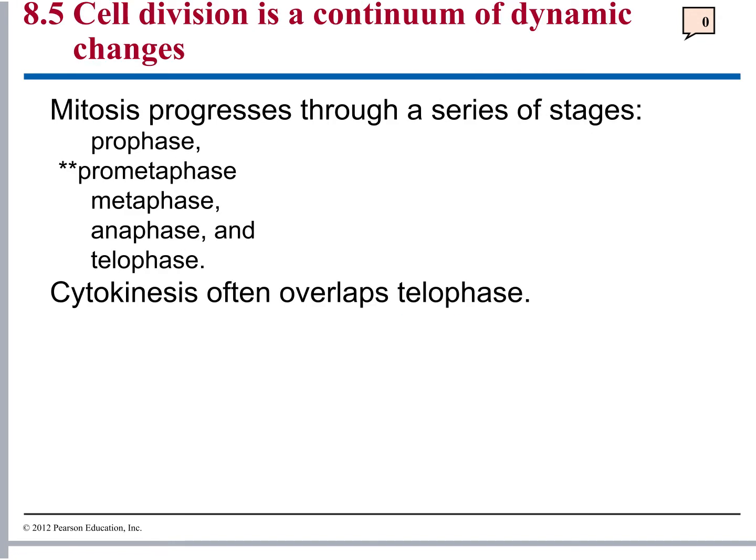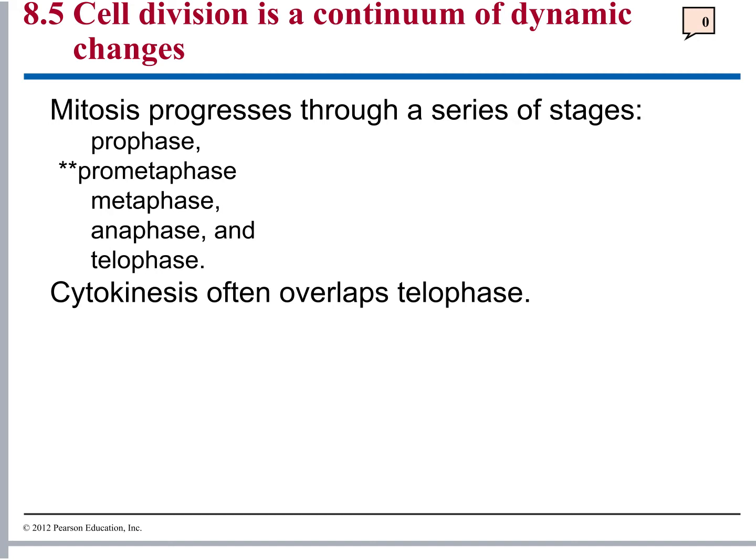Okay, so let's look more closely at just mitosis, the process through which the nucleus is dividing, or the chromosomes are going to separate. Let me name the phases of mitosis for you. The first one is called prophase. Pro means first, so this is the first phase of mitosis.